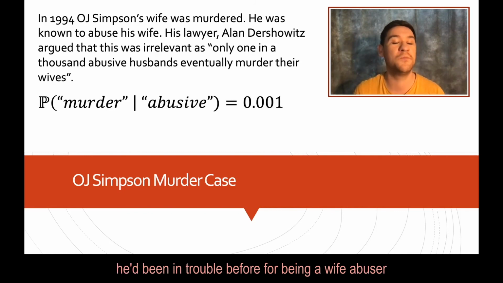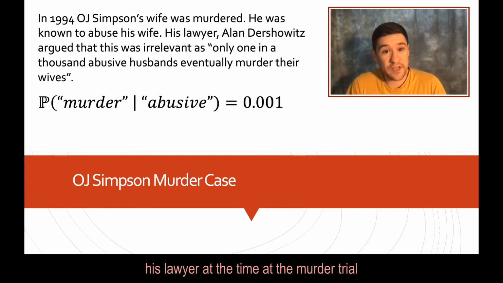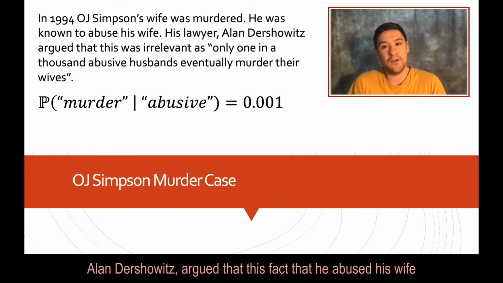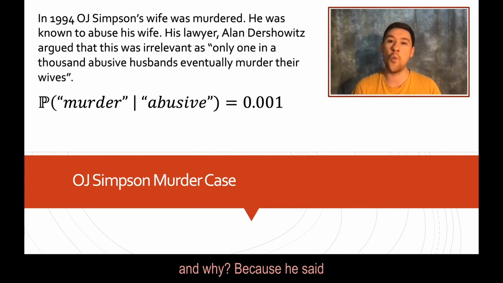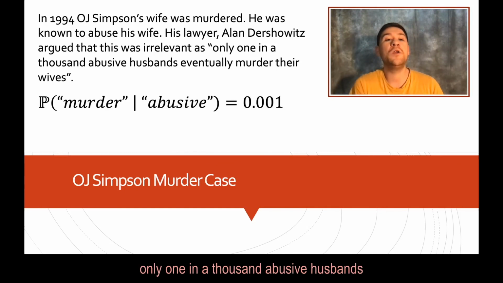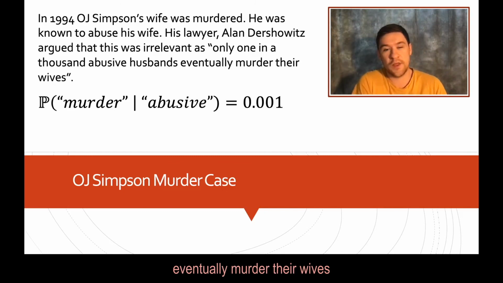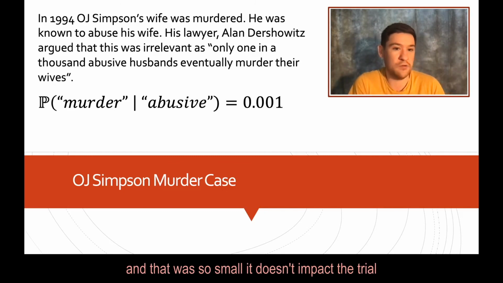He'd been in trouble before for being a wife abuser. His lawyer at the time, at the murder trial, Alan Dershowitz, argued that this fact that he abused his wife was completely irrelevant to the trial. Why? Because he said only 1 in 1,000 abusive husbands eventually murder their wives. And that was so small it doesn't impact the trial.